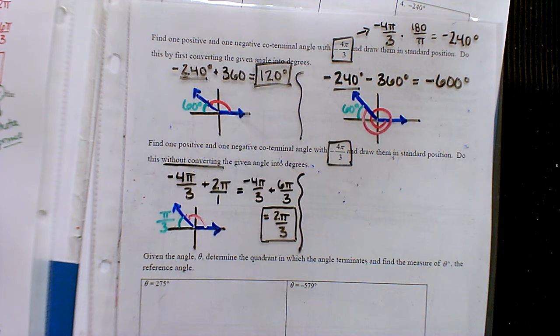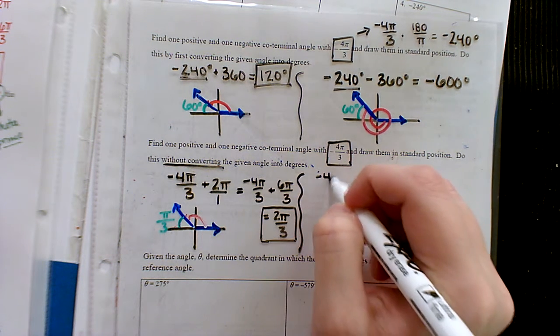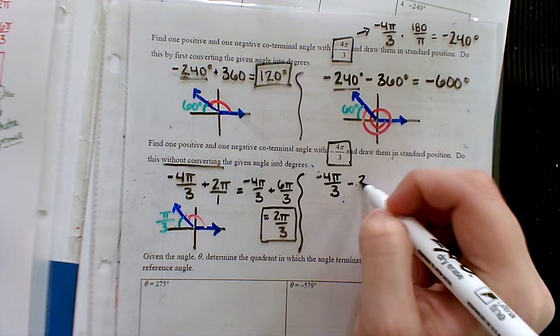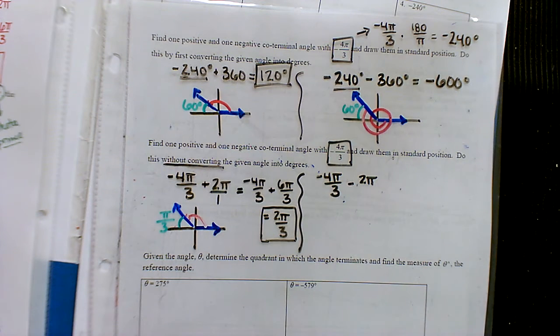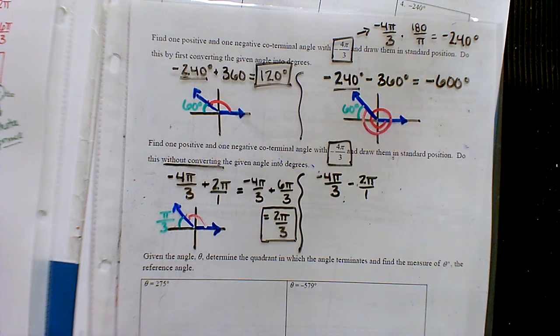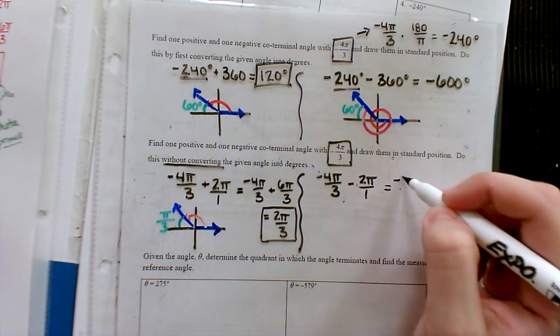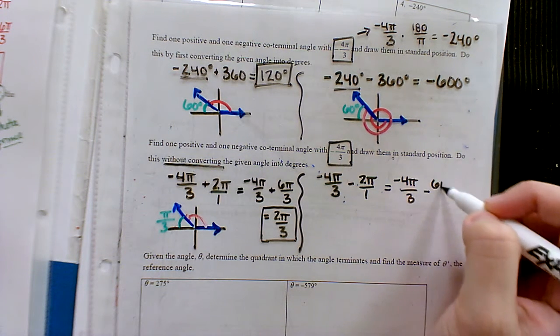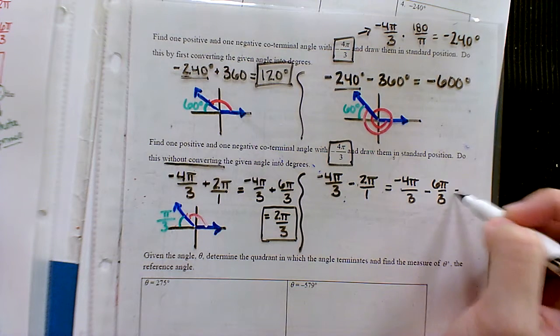All right, let's try the negative one. We'll take negative 4 pi over 3, our beginning angle, and we'll subtract 2 pi from that. But we're working with fractions, so we're going to have to try to get a common denominator. So that would be minus 6 pi over 3.